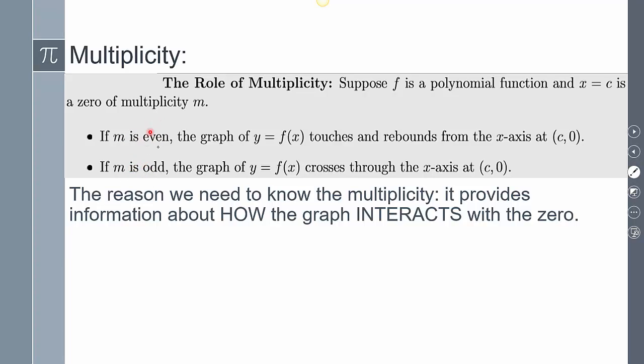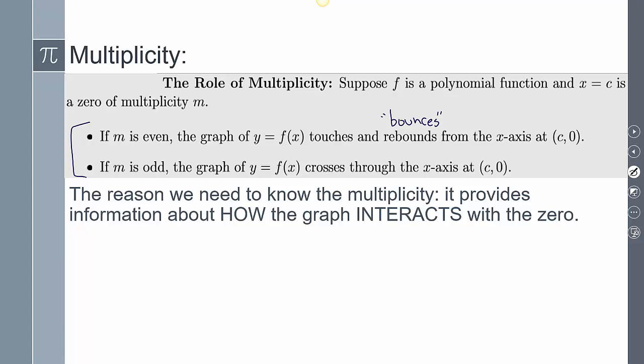Because if my multiplicity is even, what I can then say is that my function touches and rebounds, or another phrasing that's used, it bounces from the x-axis at that 0. And now if m is odd, the graph is going to cross through that x-axis. So I need to know if my multiplicity is even or odd because my graph will interact accordingly.